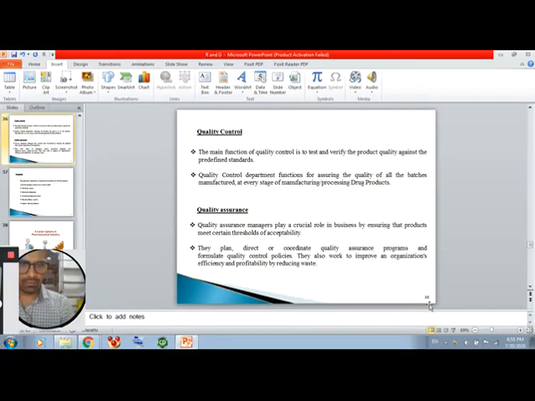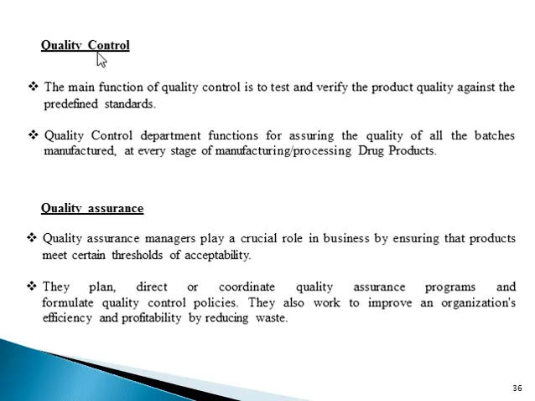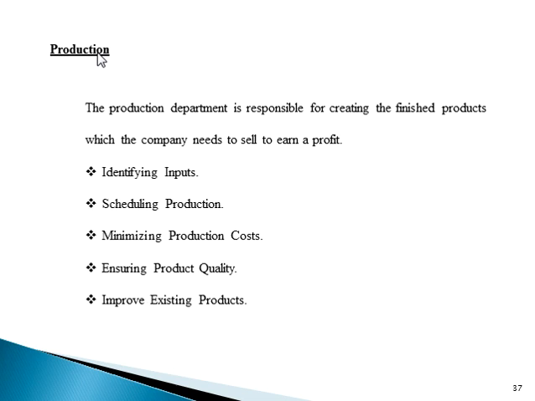Production. The production department is responsible for creating the finished product which the company needs to sell to earn a profit. The points are identifying input, scheduling production, minimizing production cost, ensuring product quality, and improving existing products.